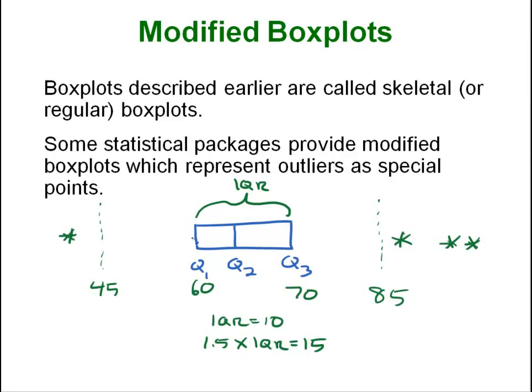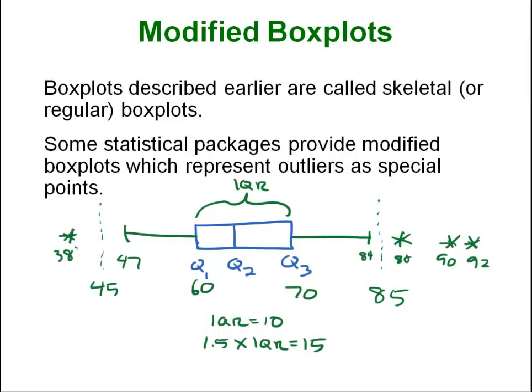And then when you create those whiskers, instead of going to the minimum and maximum like you do on your 5-number summary, you stop at whatever value you have that still isn't an outlier. And then you would label these, and like maybe this is 88, 90, 92, maybe this is 38, and that would be a modified box plot.